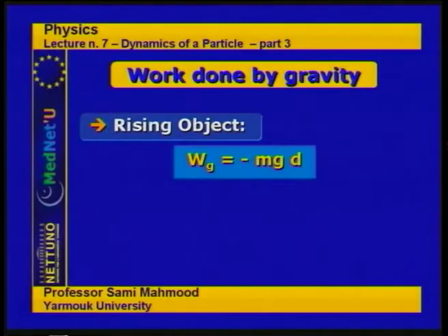And that is evident since if we toss a particle or an object upward, it starts with a given speed, and then this speed in magnitude is reduced until it stops somewhere on the top. That is the meaning of the negative work done by gravitational force on an object as it rises.